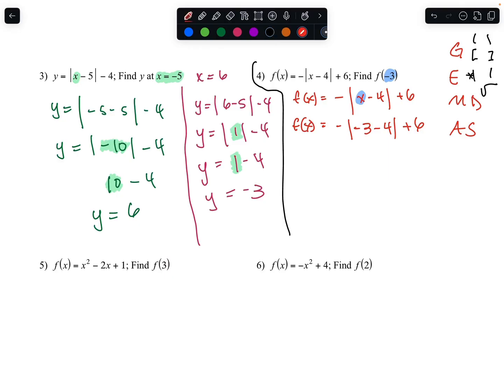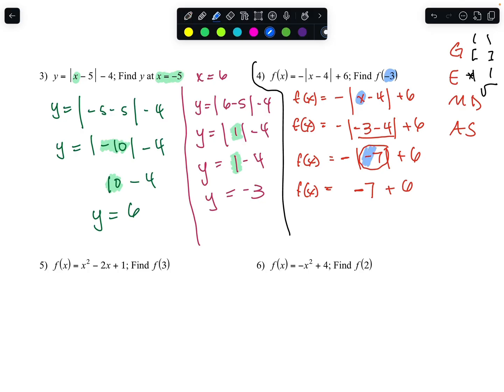So I've got f of x equals negative, and then negative 3 minus 4 is negative 7, plus 6. Well, the absolute value of negative 7 is positive 7, but this negative comes along for the ride. Plus 6. So let me go ahead and highlight this.